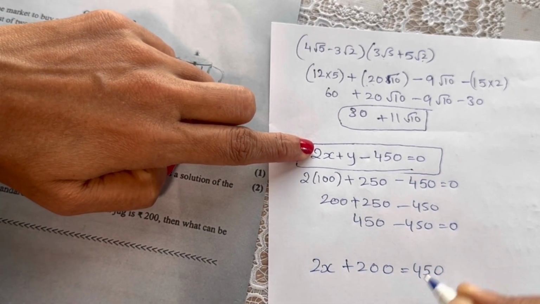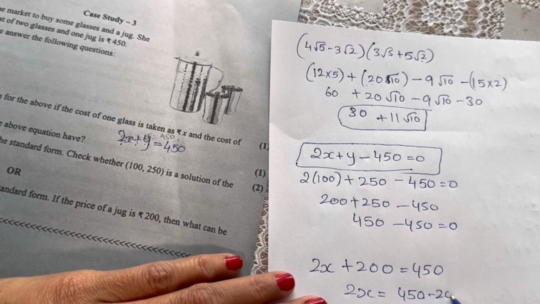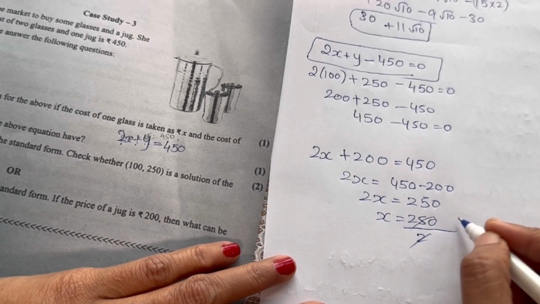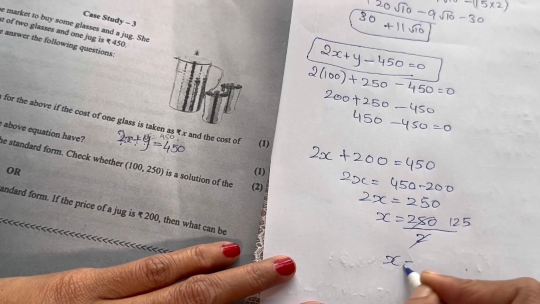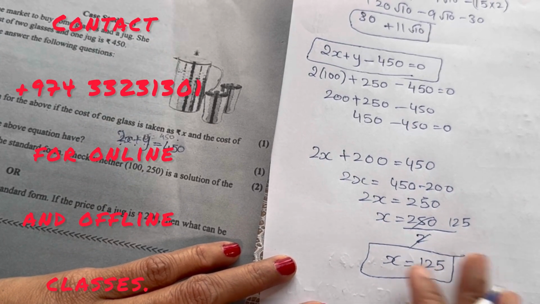So let's find it. If 2x is equal to 450 minus 200, then 2x is equal to 250. So x is 250 divided by 2, which is 125. So the cost of each glass, one glass, is 125.